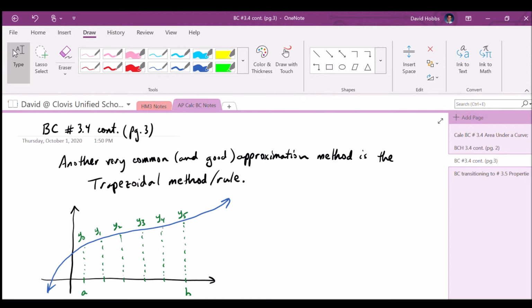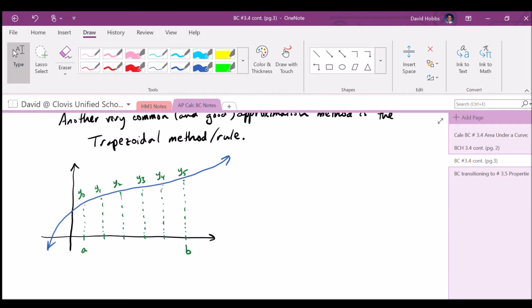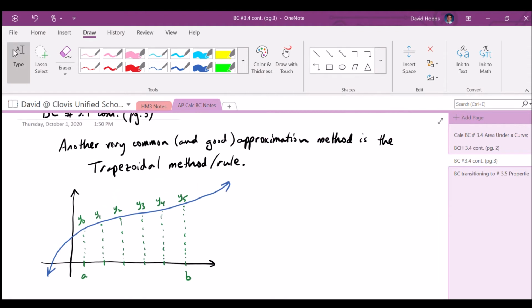We also have left-hand rectangles, right-hand rectangles, but trapezoidal method or trapezoidal rule. So obviously we're going to be coming up with some trapezoids here, okay? And it is absolutely imperative that every one of you knows the formula for finding the area of a trapezoid, and that you could actually also recognize a trapezoid as well.